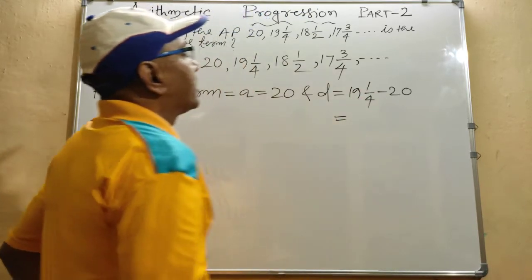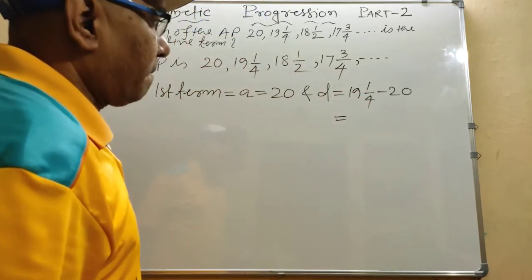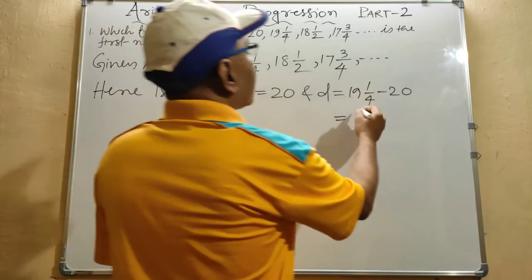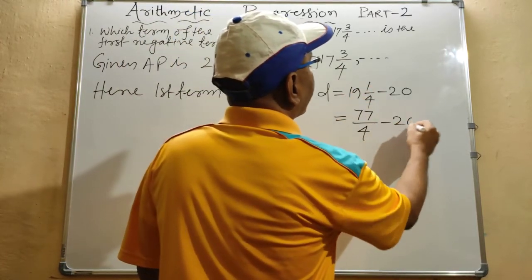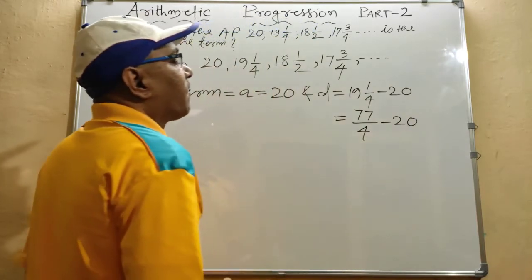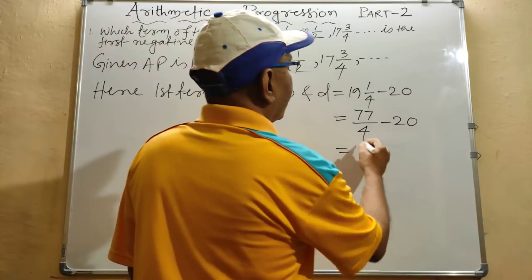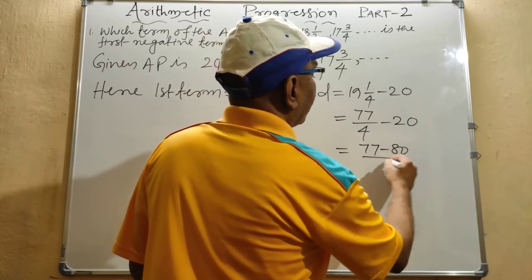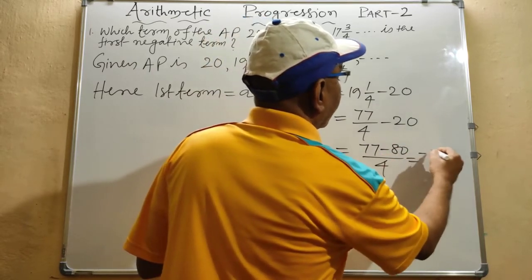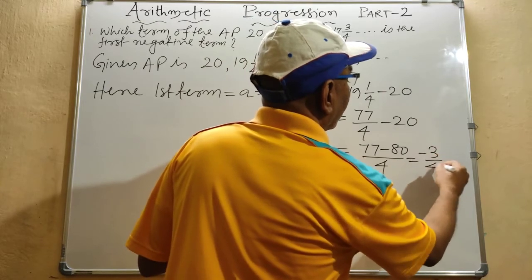19 times 4 is 76. 76 plus 1, 77. 77 by 4 minus 20. Is it not? So LCM 4, it is 77 minus 80 by 4. So it is minus 3 by 4.